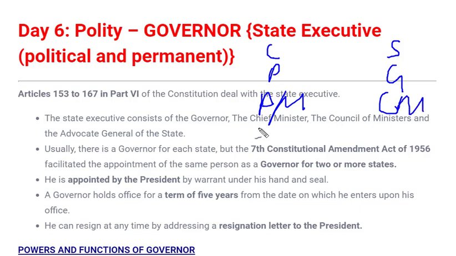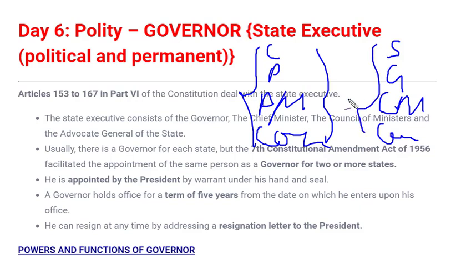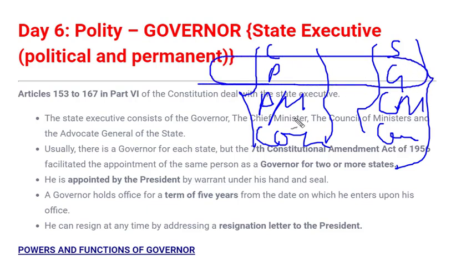And again over here we had a council of ministers, and here too we have a council of ministers. This is the hierarchy of how the center functions, and this is the hierarchy of how the state functions. But the difference between these two places is in the appointment of ministers; the prime minister and appointment of union ministers, and the chief minister and appointment of state ministers are similar.